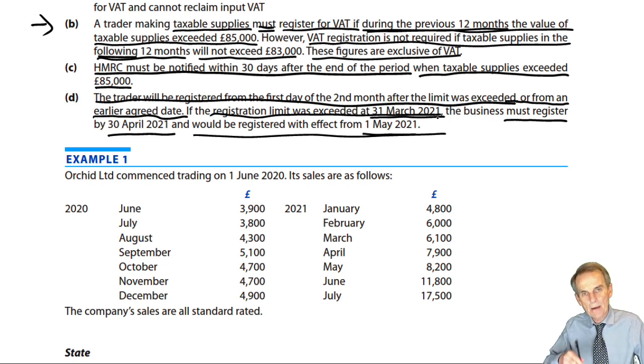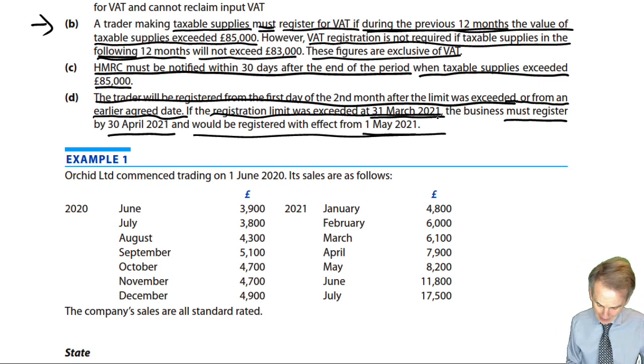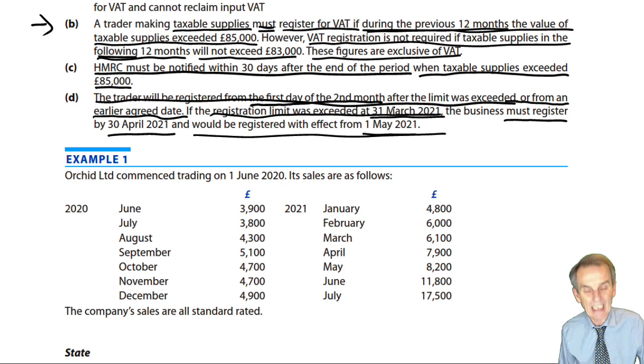So we must then register within 30 days, which is clearly the 30th of April, but the registration is going back to those strange words there, from the first day of the second month after. So we've hit the level by the end of March, first month after that is April, second month after that is May, therefore from the 1st of May.